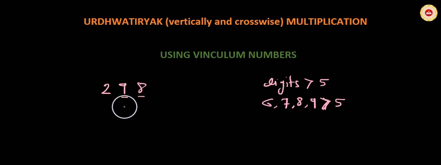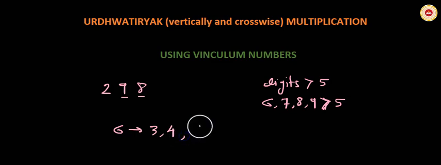And the benefit of converting normal numbers into vinculum numbers and using them in multiplication is that multiplication becomes easy. How does it become easy? See, if it is 6, the value of 6 in the vinculum number will be either 3 or 4, depending upon the place of this 6.